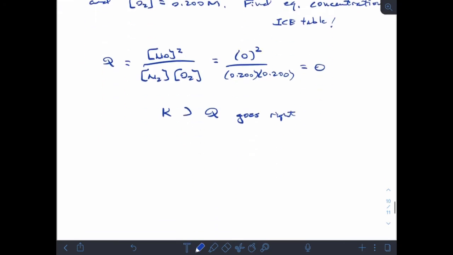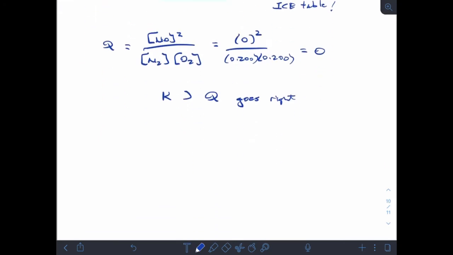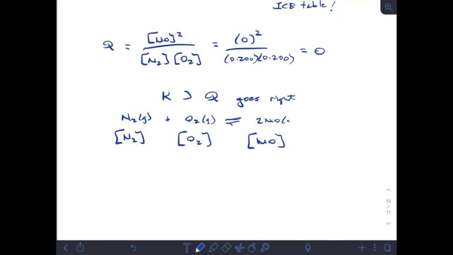Great. Okay, so let's set up our ICE table. So I have my N2, I have my O2, and I have my NO. Just because I've moved it off the screen, I'm going to bring the reaction back down and write it just above here. So we have N2 plus O2 gas in equilibrium with 2 NO gas.